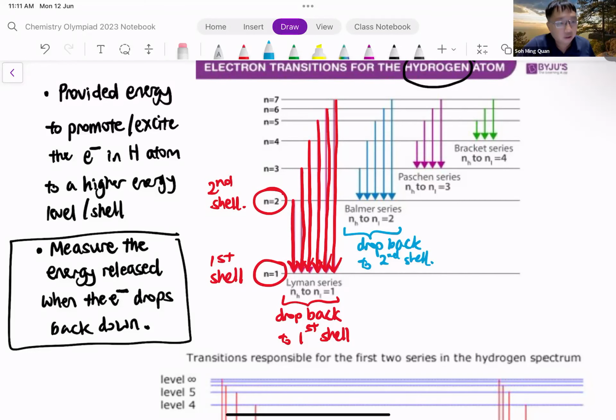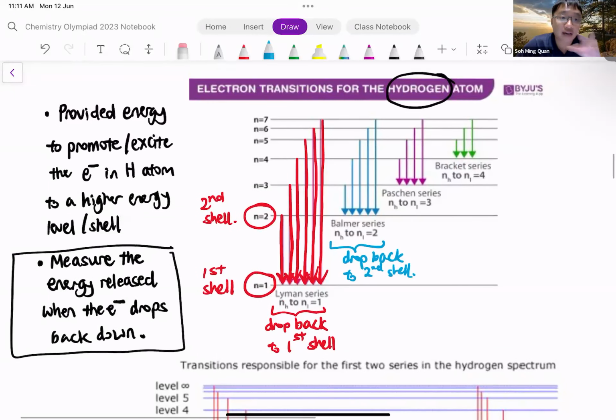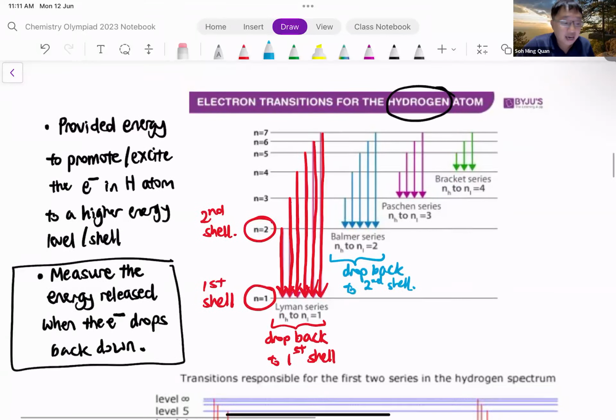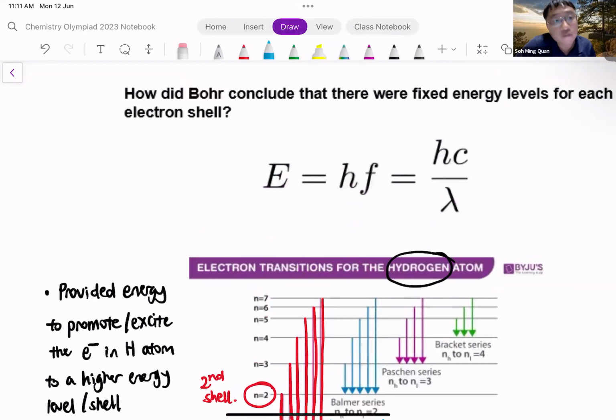Now, after measuring the energy released, how did scientists represent this on a spectrum? As it turns out, the energy release can be related to the frequency of the radiation released. Now, the energy is released in the form of radiation.